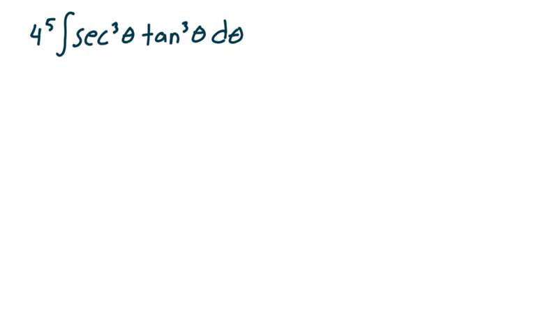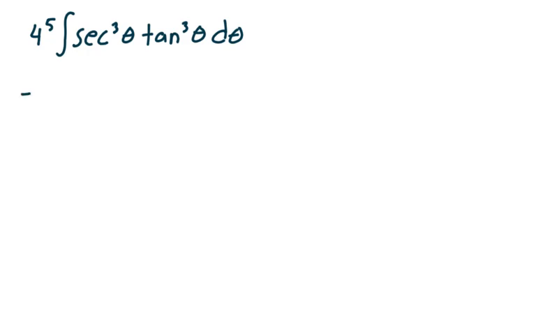All right, now, this is what I'm going to do. Notice that the power of the secant is odd, and the power of the tangent is odd, right? So we have 2 odd powers right here.